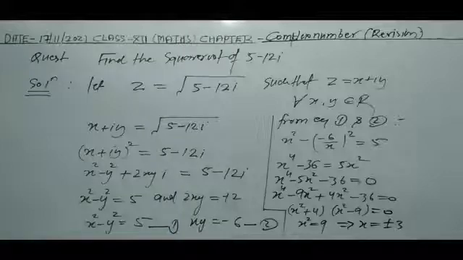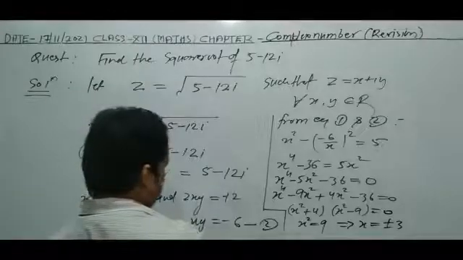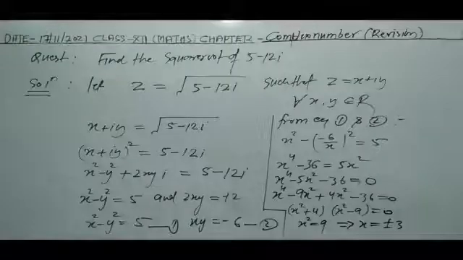So what will be the value of y? See, the value of y, when you will put x is equal to plus minus 3, when x is equal to plus 3, then you will get the value of y is minus 2.